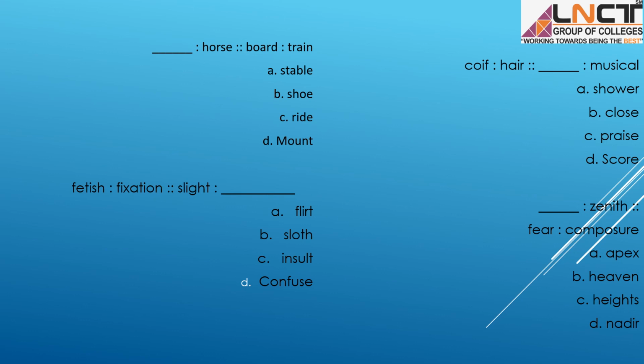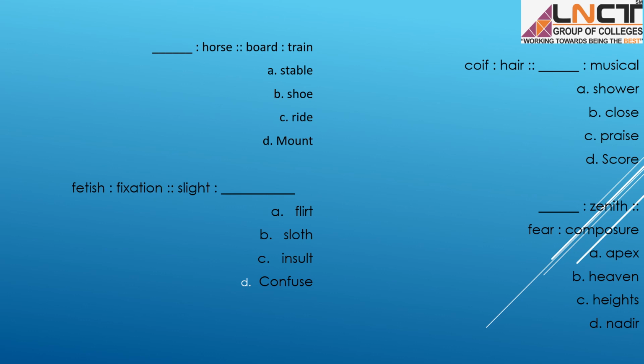Now the options are apex, heaven, heights, and nadir. The three words apex, heaven, and heights all are talking about the highest point, that is the pinnacle or the zenith, and that's why they are synonyms of the word zenith and not the antonym as such. But the word nadir is the literal opposite of the word zenith.